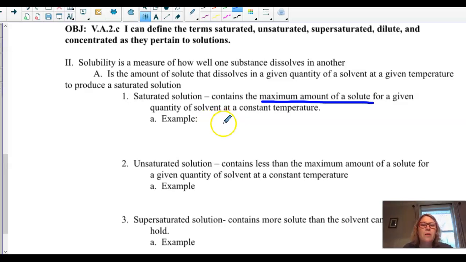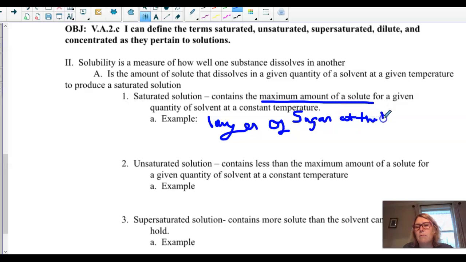That layer of sugar at the bottom of your Kool-Aid is what marks a saturated solution. Sorry about my handwriting.